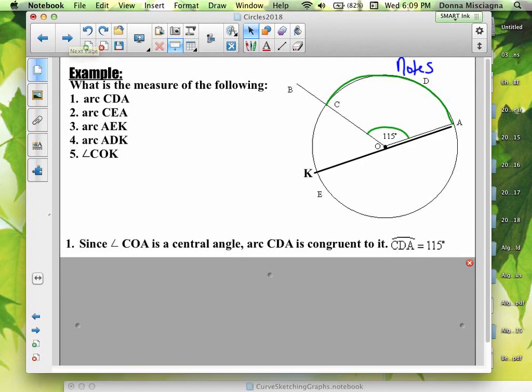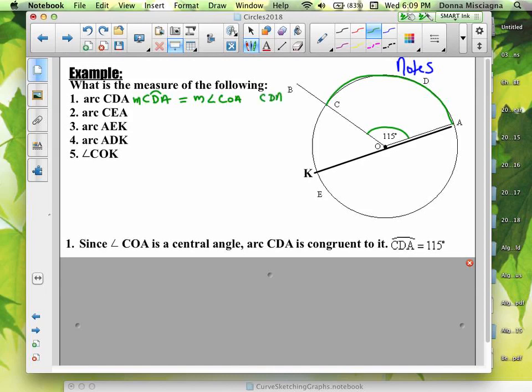Next to that, we're going to put that the measure of arc CDA is equal to the measure of angle COA, because that's a central angle. And so it's going to be 115 degrees. All right, so arc CDA equals 115 degrees.